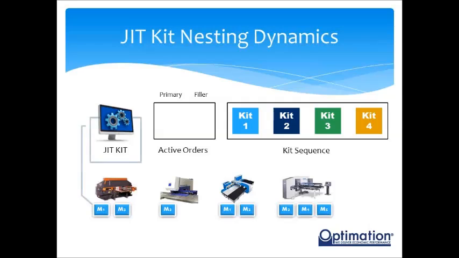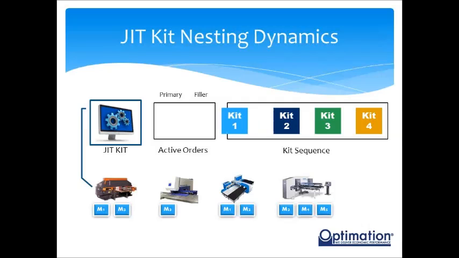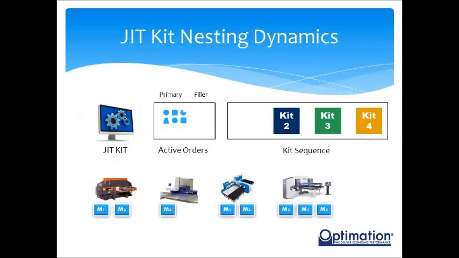So when a machine asks for a nest, remember these nests are being built automatically. The machine operator says, send me another nest. And when that happens, the first kit is exploded into its component parts and a nest is generated based on that kit's requirements.